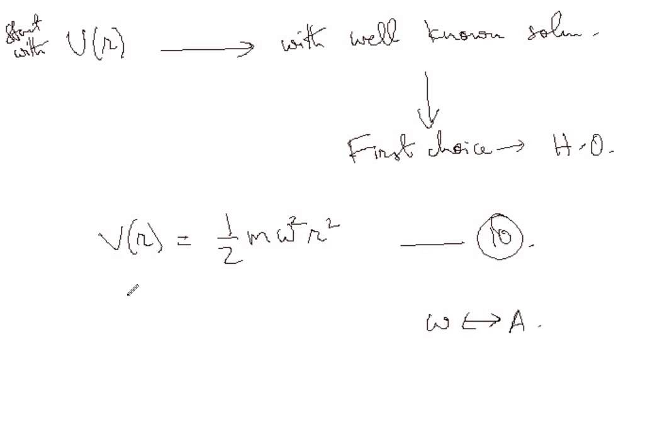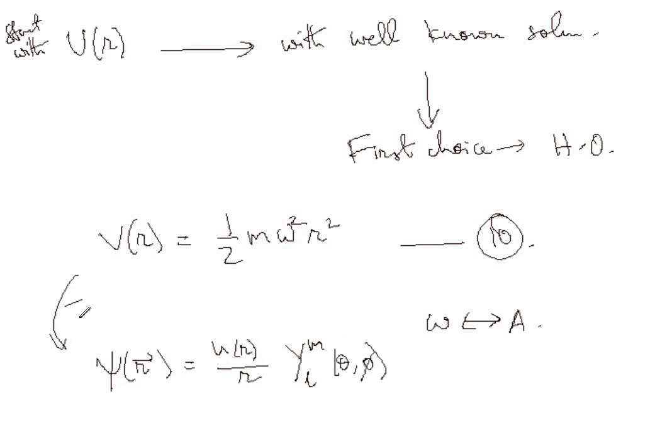Now let us try to find solutions of this equation 10 of the type psi r is equal to u(r) divided by r times Y l m theta phi. Let us try solutions where the substitution of psi in the Schrodinger equation for a particle reduces the problem to a radial equation.